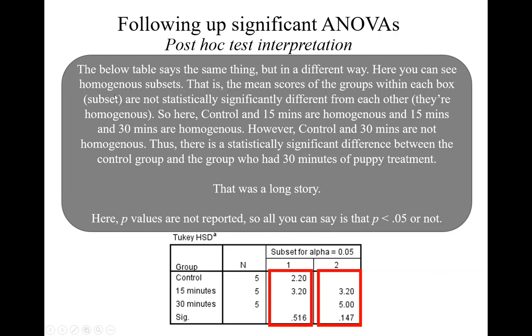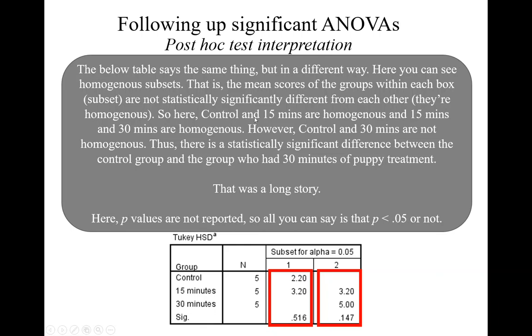Here you can see that we have homogeneous subsets. That's what these red cells are. They're known as homogeneous subsets. So the mean scores of the groups within each box, or the subsets, are not statistically significantly different from each other. They're homogeneous.